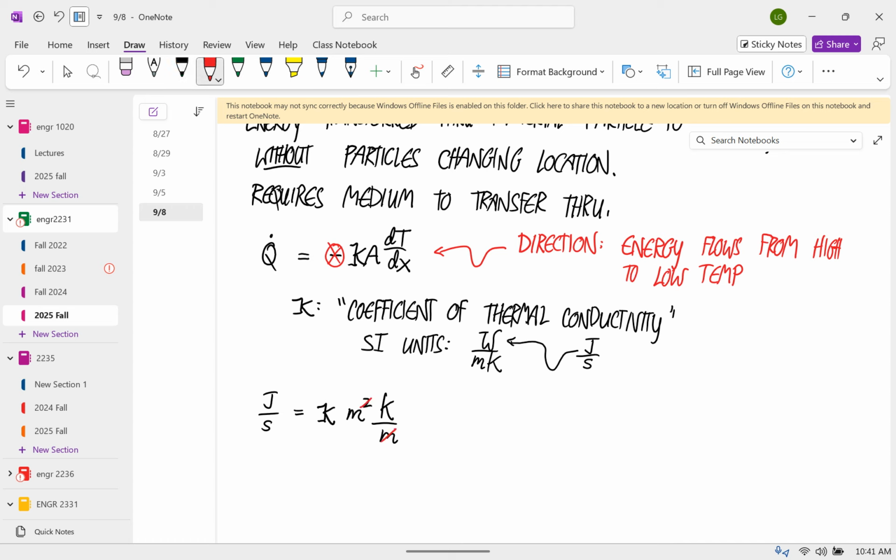And so we can start canceling some stuff, isolate kappa, and we get kappa is equal to joules per second over meters Kelvin. Joules per second we can replace with watts.